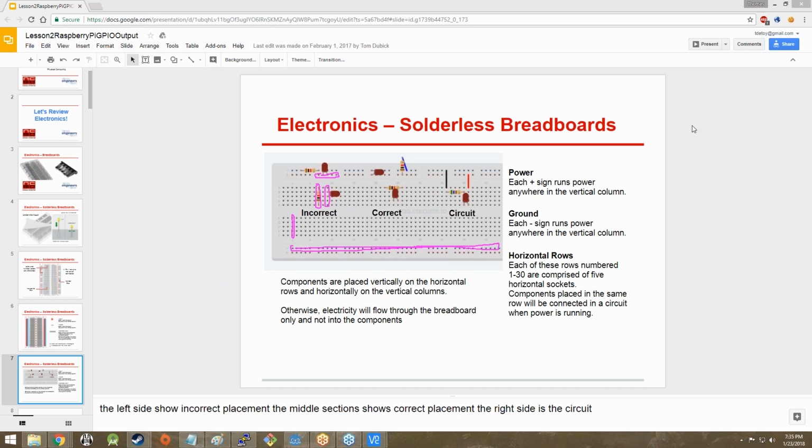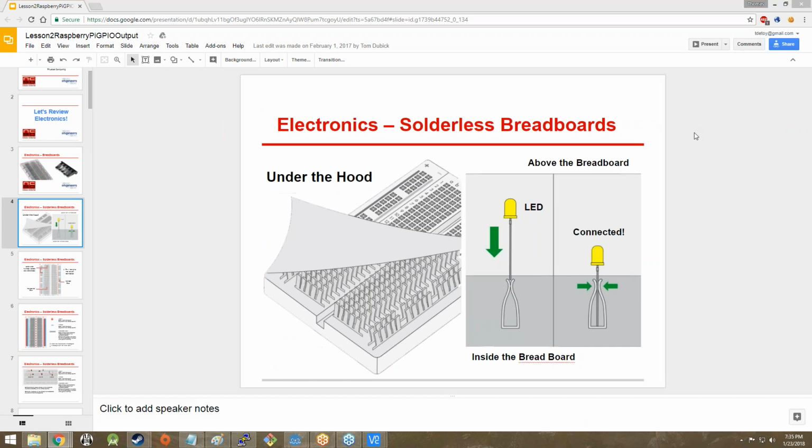There's a reason for that. And that's because electricity is lazy. So if we go back up to this little drawing right here, let's say we plugged in a nice little LED here. Here's our LED, and it's plugged in to two parts of the bus, right?